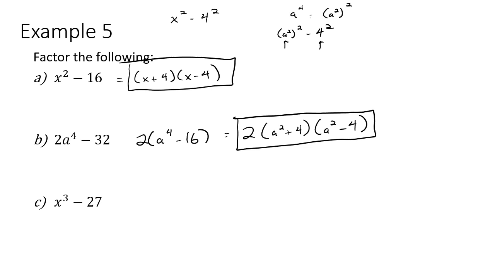Last but not least, we've got x cubed minus 27. And because 27 is 3 cubed, this is a difference of perfect cubes. And so the formula goes like this. First term, a from the formula, x. Second term, 3. Then it's the first term squared, x squared.